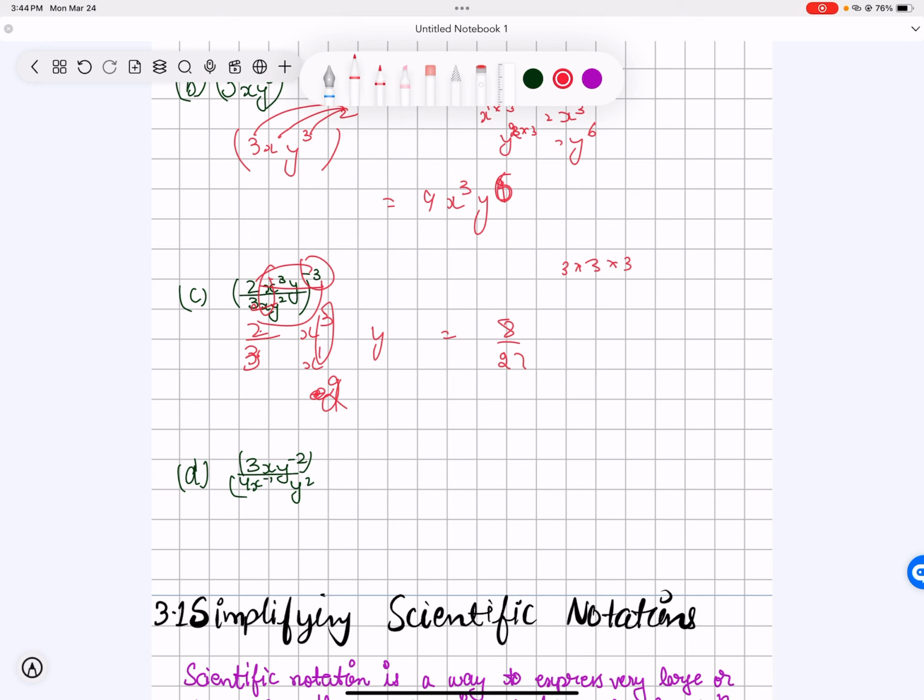We get 2, and then we multiply that by 3. We get x to the 6, and then we have y. If y to the 2 is at the bottom, if we have 1 here, we subtract 2, we get 3. So we get y to the 3, and then we multiply that by 3, we get minus 9 here. That is our final answer.